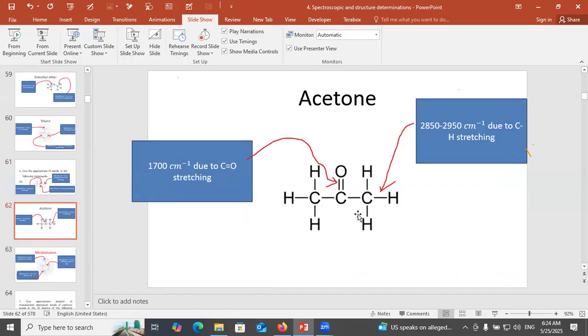In the case of acetone, 1700 per cm is due to C=O stretching, and 2850 to 2950 per cm due to carbon hydrogen stretching.